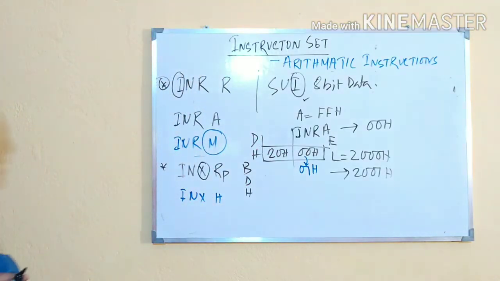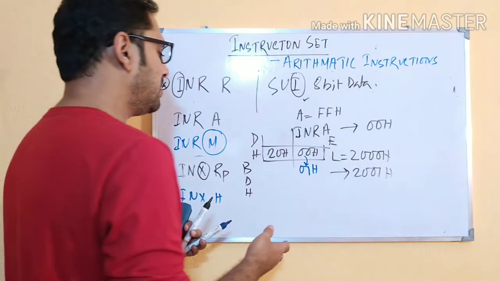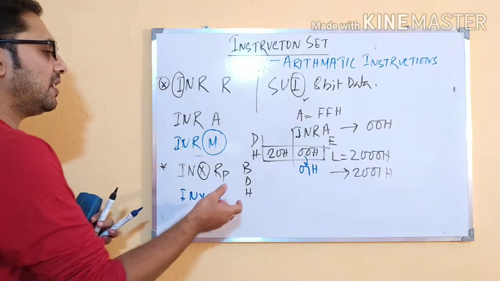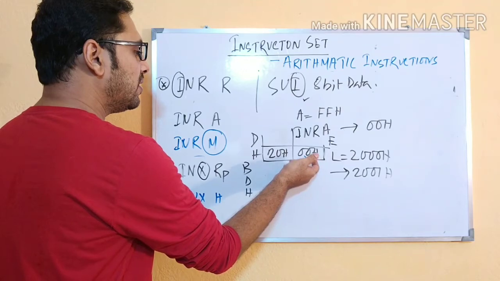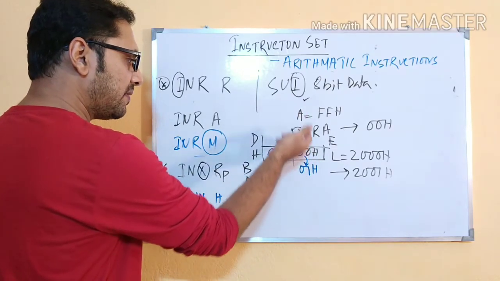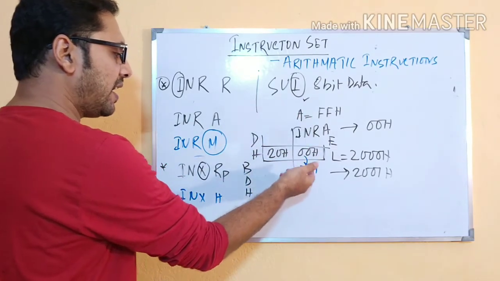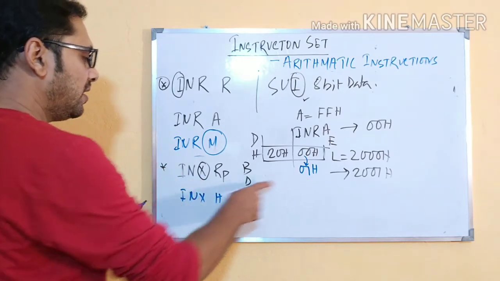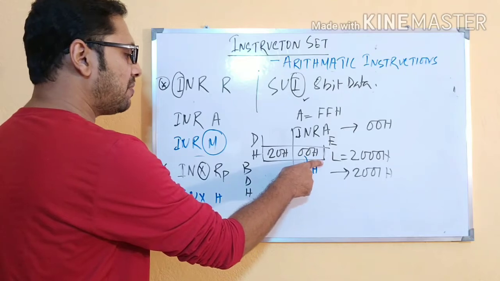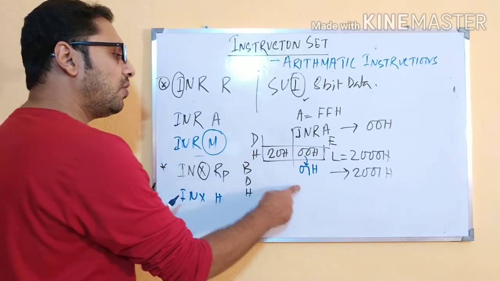So incrementing a register pair means basically you are incrementing the content of this side's registers, meaning C, E and L. I am repeating it once again. Incrementing HL register pair means actually you are incrementing the value of L only.